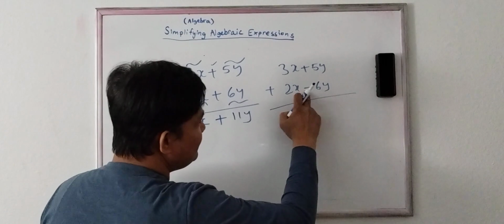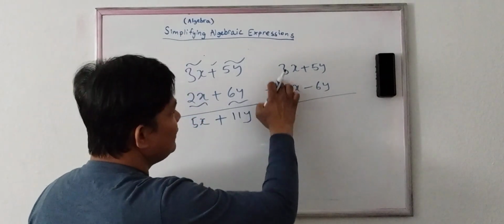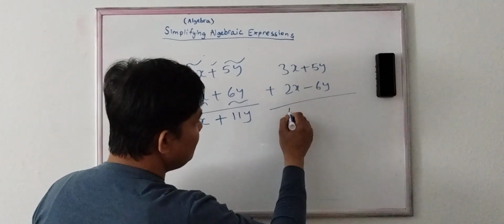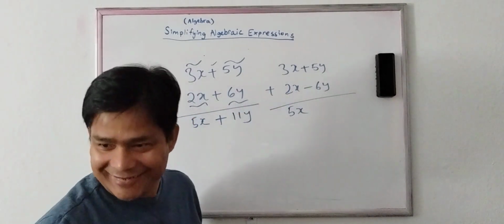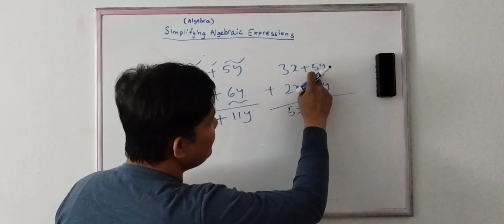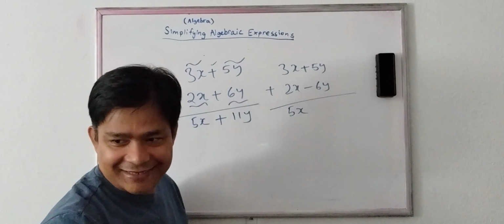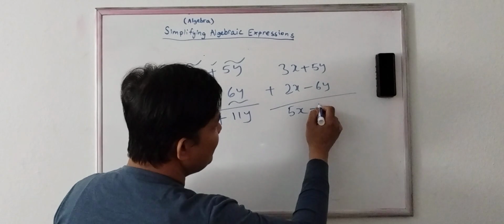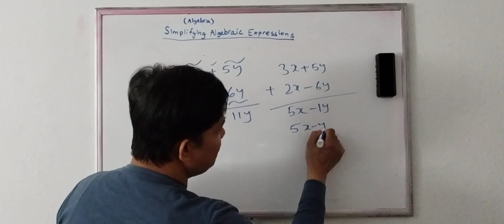If it has a sign, it means it has a negative sign. So these two don't have any sign, which means positive. So 3 plus 2 is 5x. And here what do you do? It's 5 minus 6. Although it's plus here, what is the sign here? 5 minus 6. So 5 minus 6 is minus 1. So minus 1y, which you can write as 5x minus y.